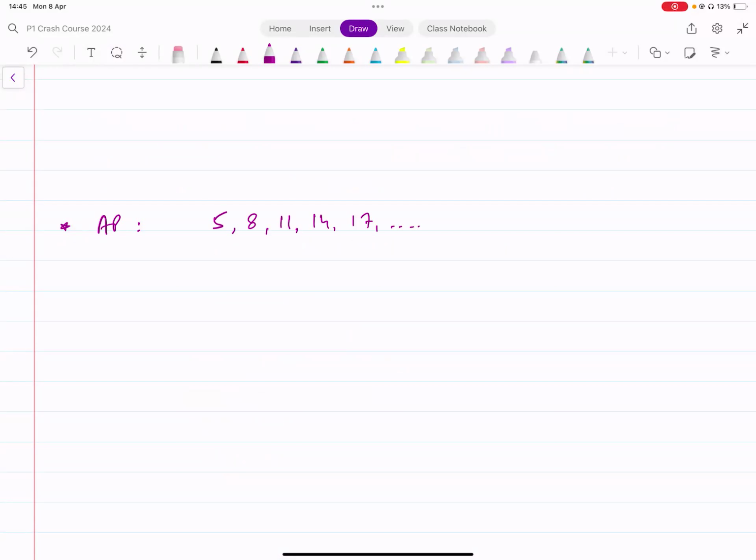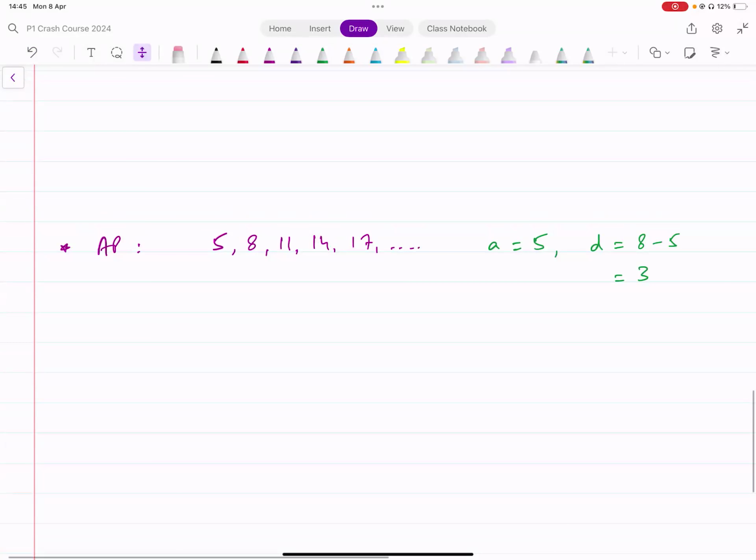Now, what's the first term? What's the value of a in this? The value of a is going to be 5. What's the value of the difference? Difference is going to be 8 minus 5. So we can say the difference is 3. All right, that's the value of the difference.